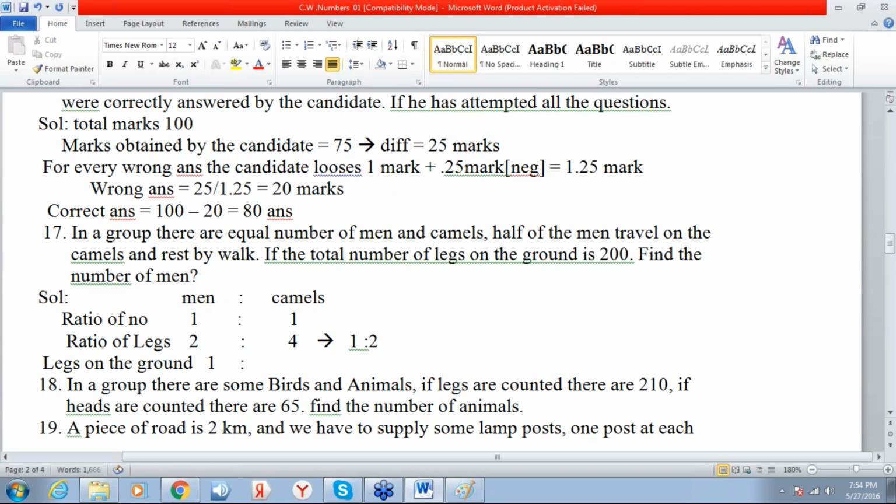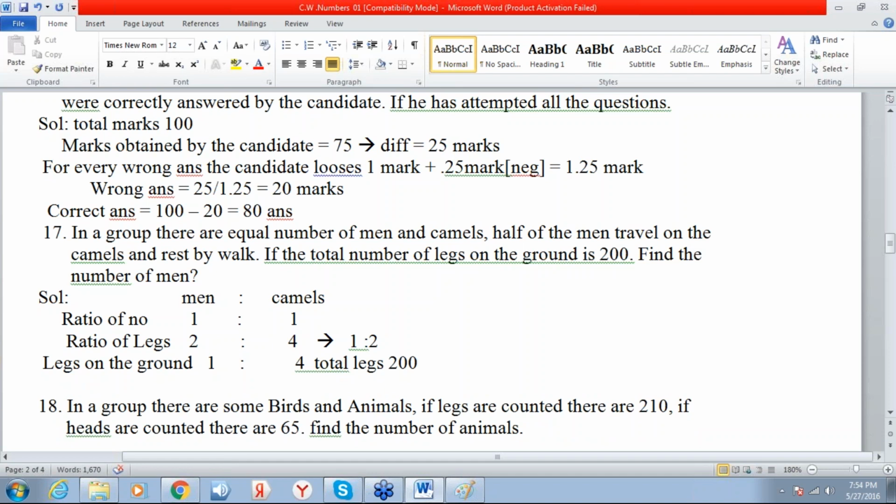They are in 1:4 ratio. Total legs, what are total legs? 200. Total legs are 200. So we can find anyone. Legs of camels.